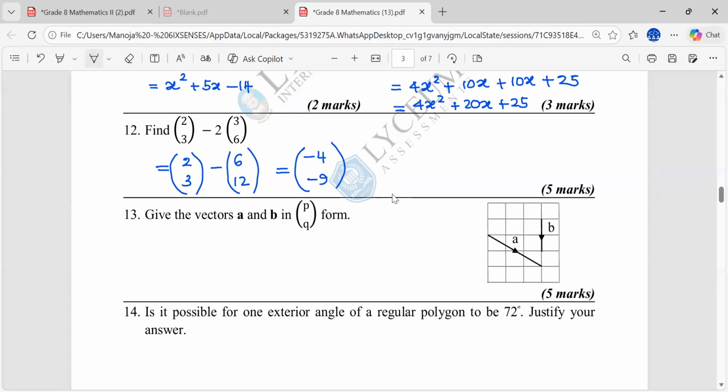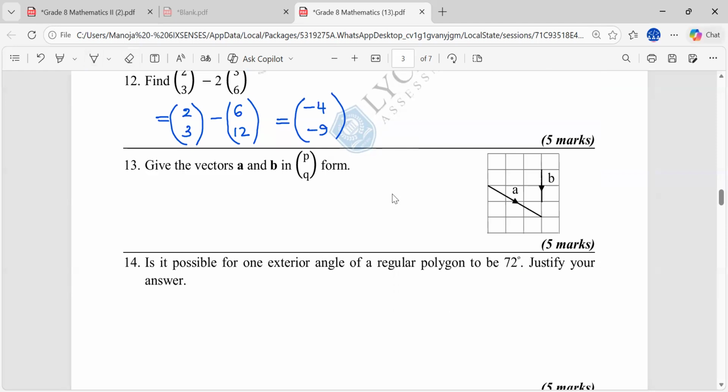And the next one, give the vectors A and B in PQ. Okay. So here the vector A goes to this side. That means the starting point is here, and you want to go like this and come down. How many steps do you go to the right side? 1, 2, 3. And then you come down 2 steps.